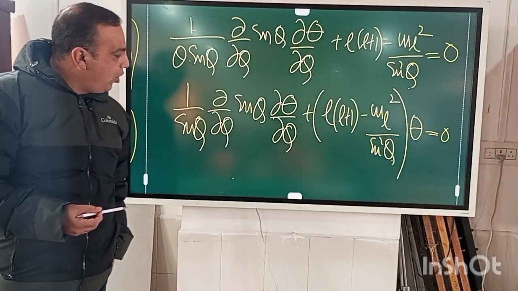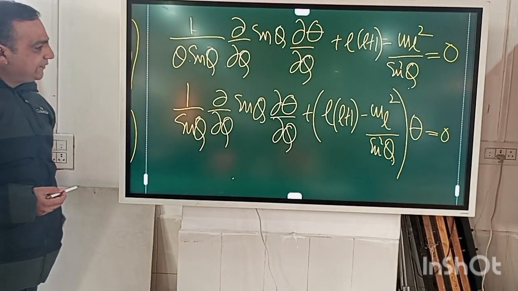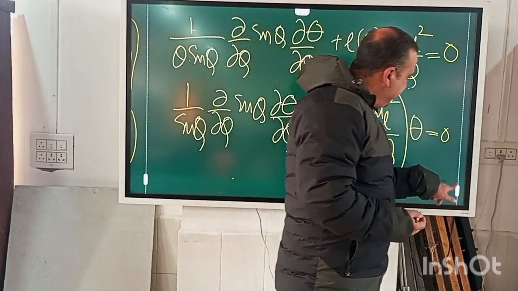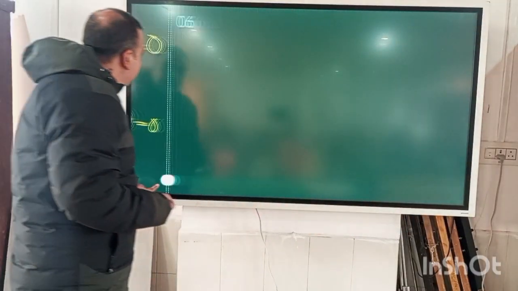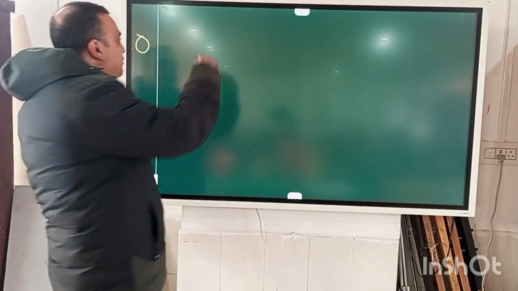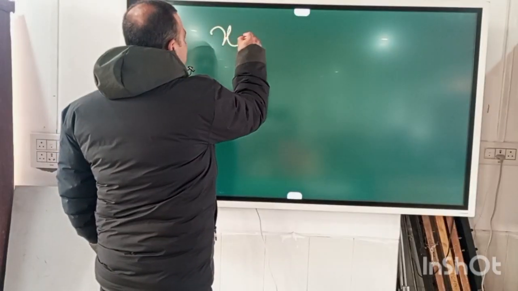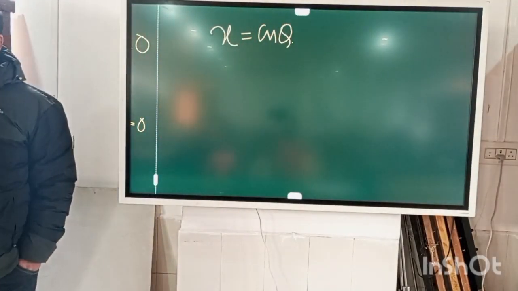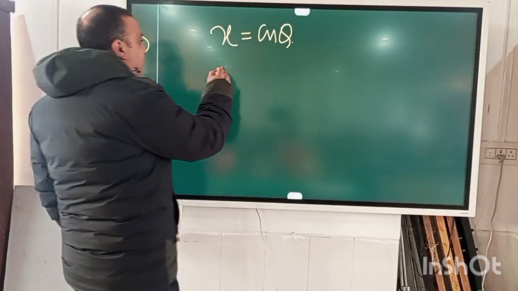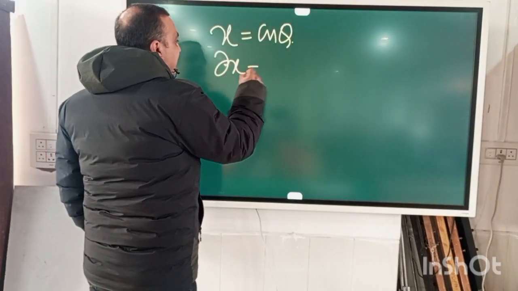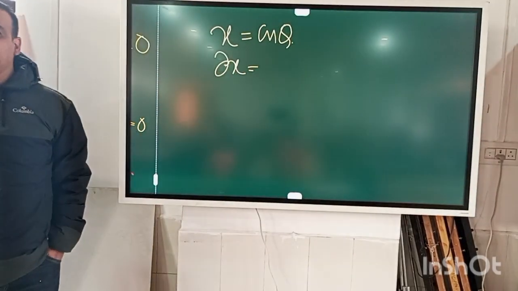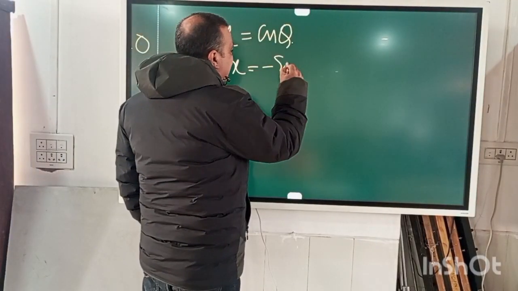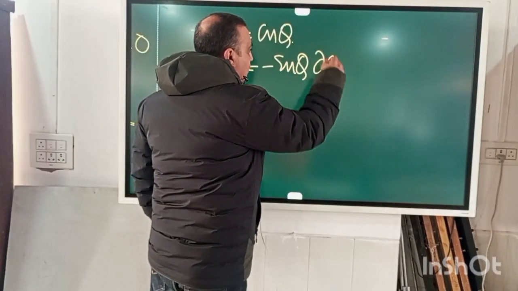Now, you have this on your copy, can I proceed? I want the solution of this differential equation, and let me choose x equal to cosine theta. If I choose x equal to cosine theta, what will be dou x? What's the differentiation of cos theta? It is minus sine theta, so dou x is minus sine theta dou theta.